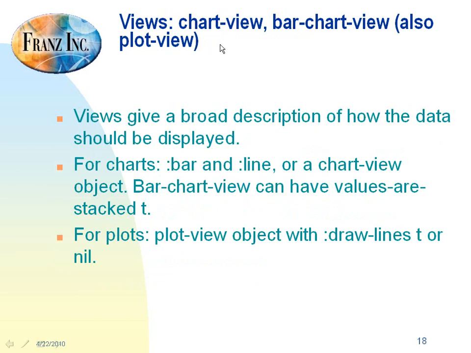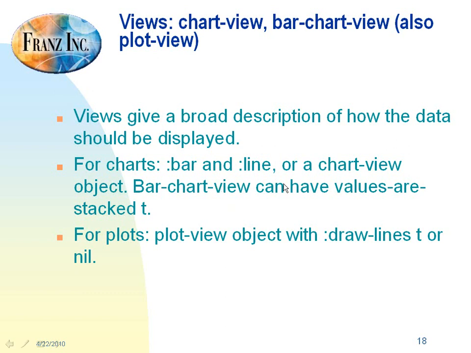Now, the next topic we just wanted to cover is views, and basically views are telling the system what it is you want to display. So for charts, bar and line are two views, but they're also chart view objects.